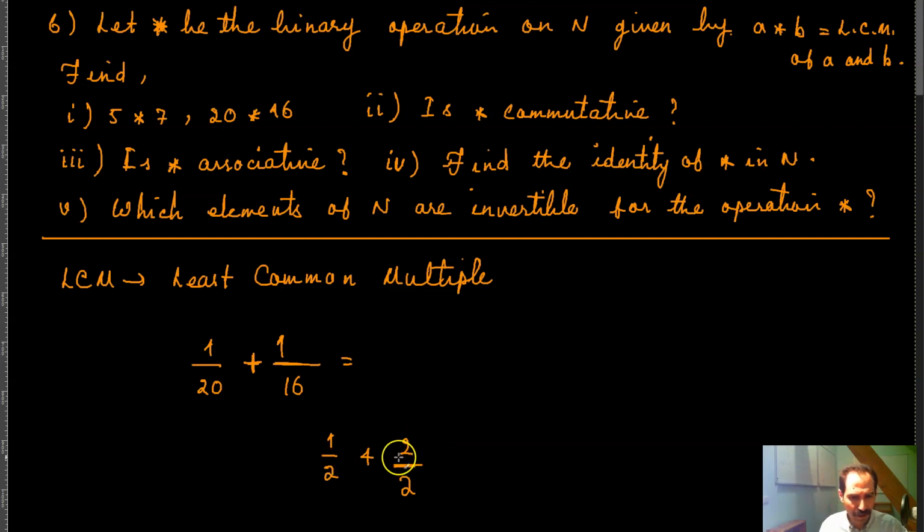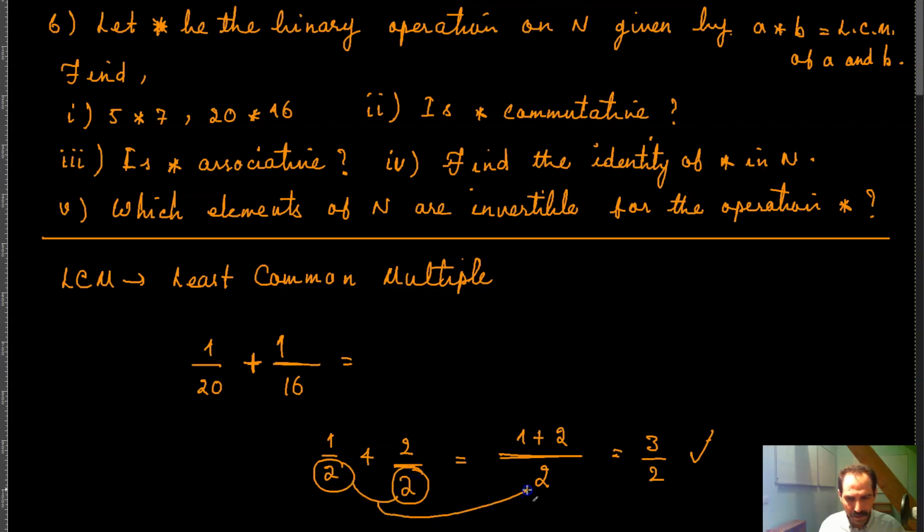So I can write the denominator as 2 and write the numerator as 1 plus 2, which is equal to 3/2. So here I have no problem. The denominators were the same, so I took the denominator, put it here, and added the numerators together, and that becomes the answer.